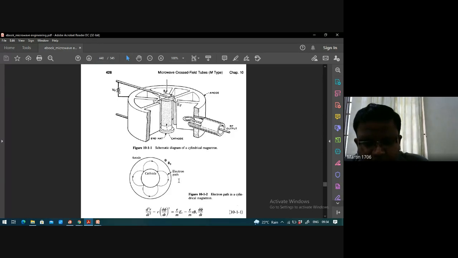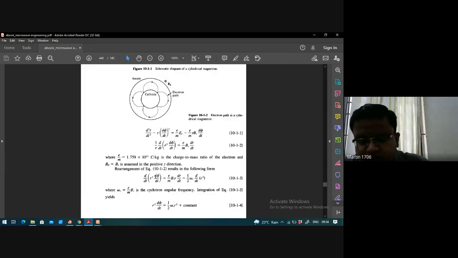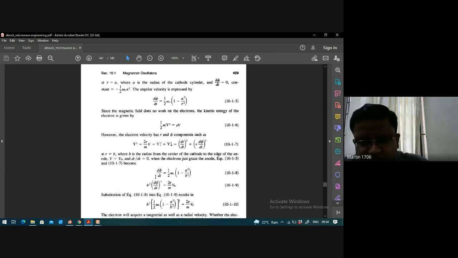This circle is the wall, and inside it is the cathode. Your electron will move like this. You can see how it is going on. At each side it will strike at the gap, and it will go into the free space wherever a gap is there, with proper acceleration and velocity.